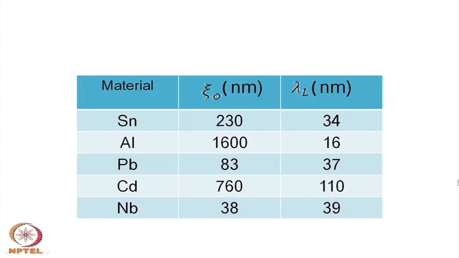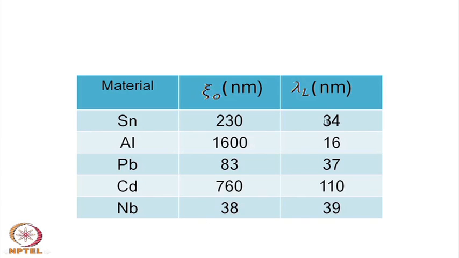With this, more or less, we have come to the end of the discussion. Lastly, this is the penetration depth and this is the coherence length of a few superconductors like tin, aluminum, lead, cadmium, niobium and so on.